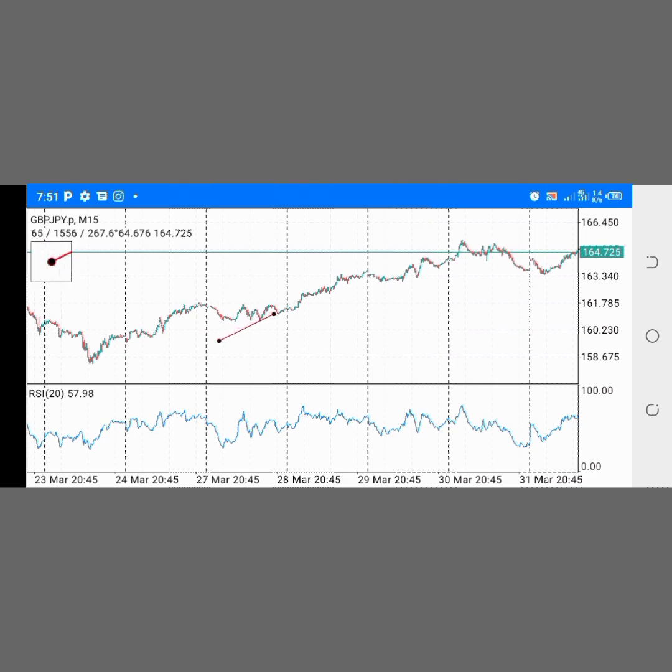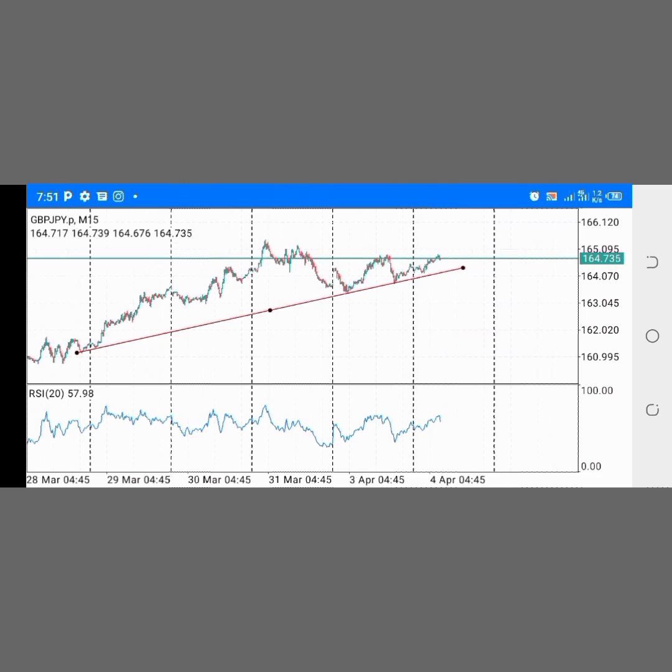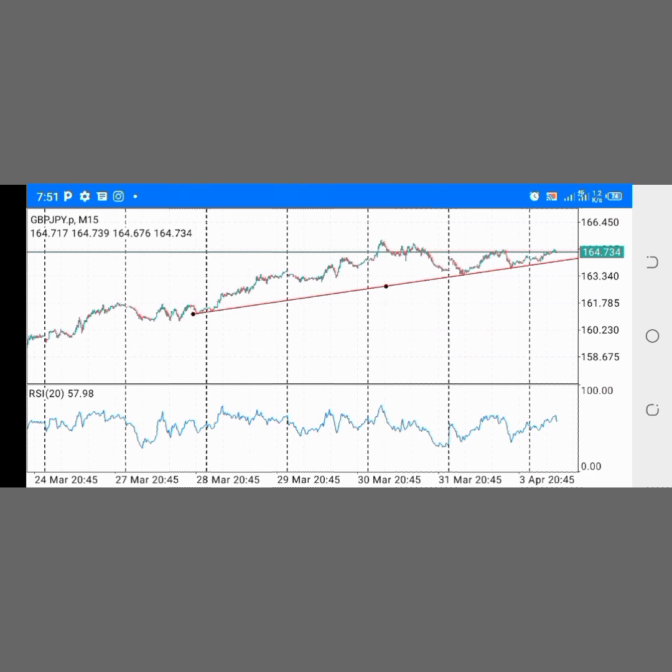I can begin with this one here, trying to have at least three touches for this area of value to be valid. So let me try to have at least many touches. Let me try to pull it up to this end.